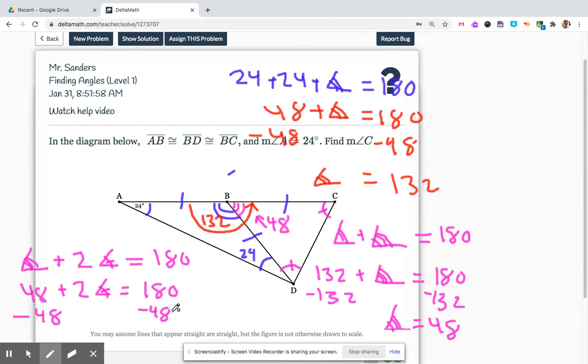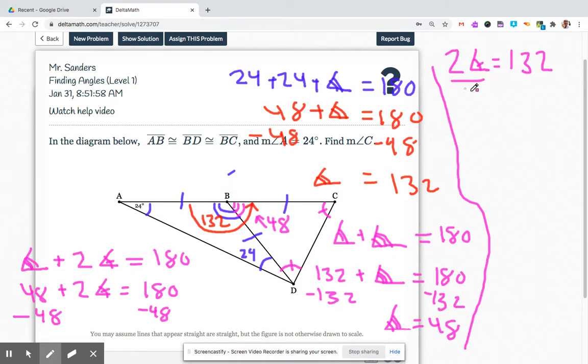I'm doing my work over here now. So we have 2 times the single tick angle is equal to 132. Then divide by 2.